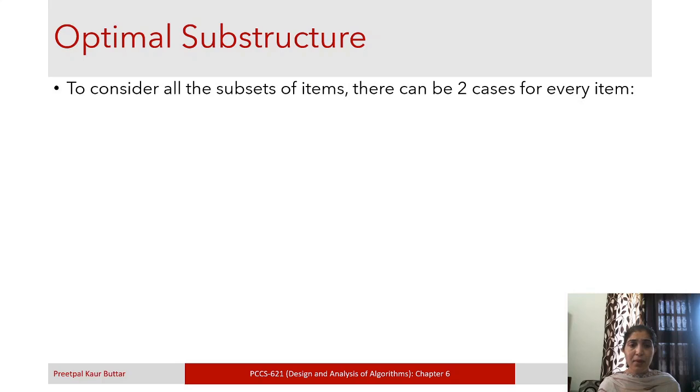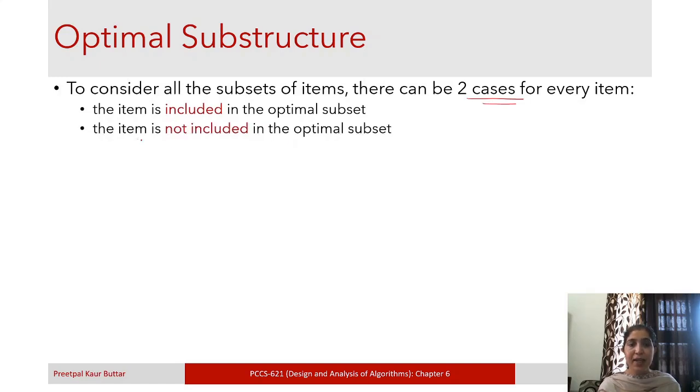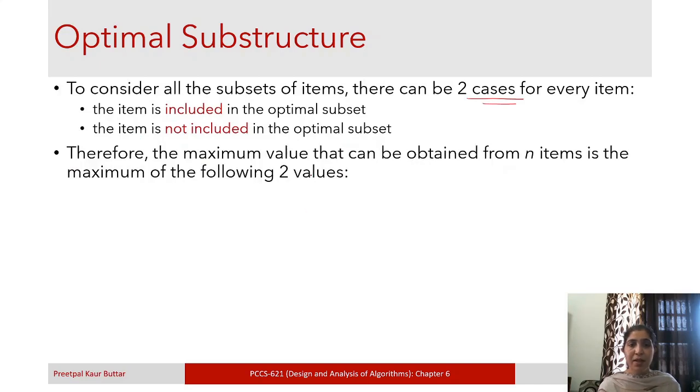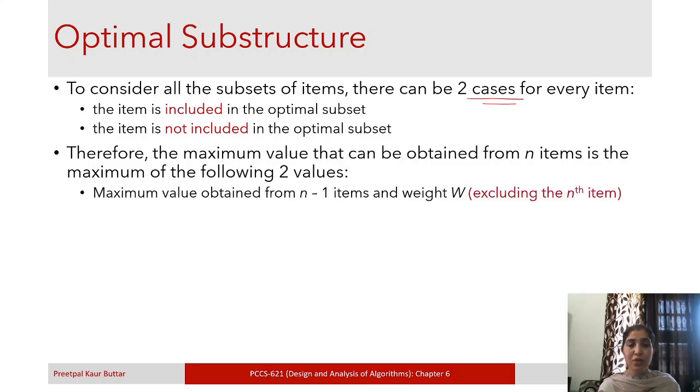And as I told you before, if you want to consider all the subsets of items, then for each item there are 2 cases. The first is the item is included in the optimal subset, and the second is the item is not included in the optimal subset, right? So it means that the maximum value that can be obtained from n items is the maximum of two possibilities. What are those possibilities? The first possibility is excluding the nth item.